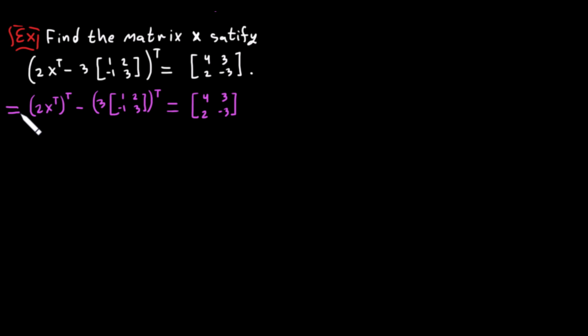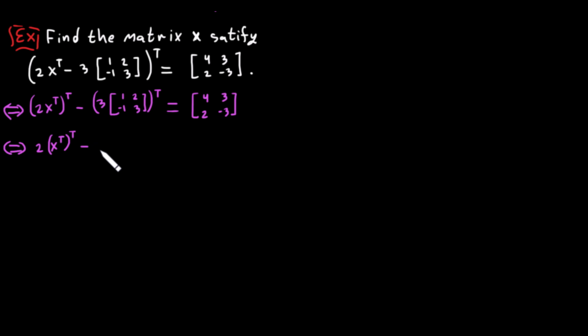Here I have to write it and only it because from here to here. And we know the property of the scalar, it will go out as we did in the third property. So the scalar will go out. So it will become like this, 2X transpose. I write this and the whole thing here transpose.